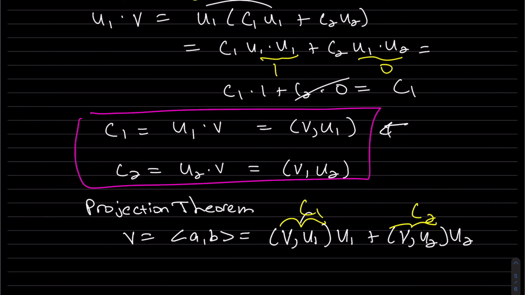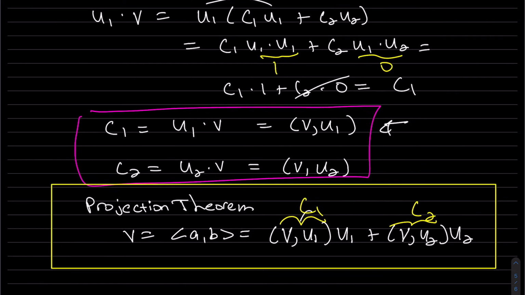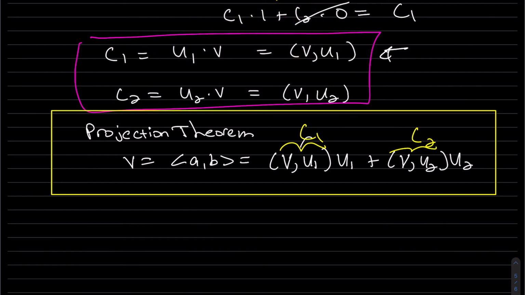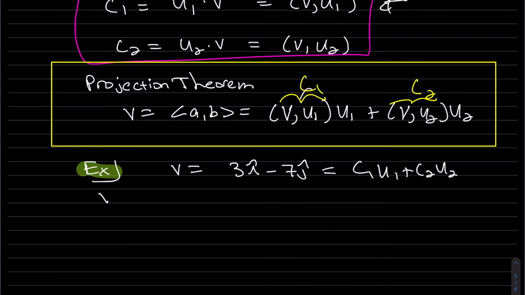It's a linear combination. So let's keep going with it. Let's pick a random example here. Let's say V is 3i minus 7j. We write that as a linear combination. We're using the above example still.